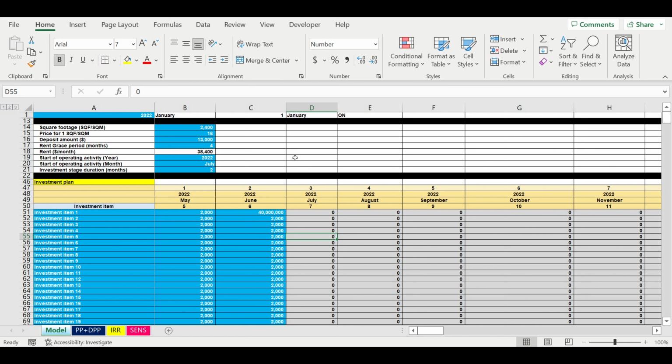Today we have a final overview of the rent calculator, the rent financial model, business plan. Today I will be going from top to bottom of this financial model, showing you what parameters may affect your business idea.